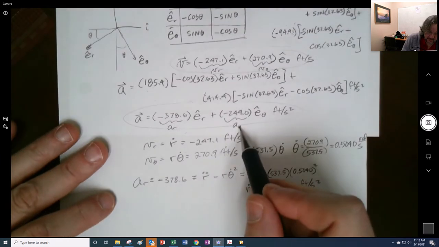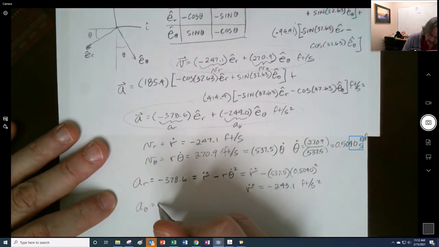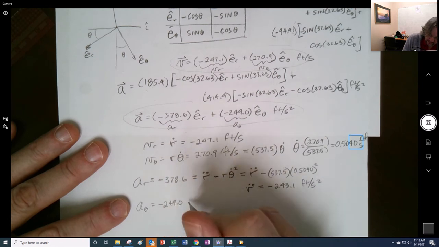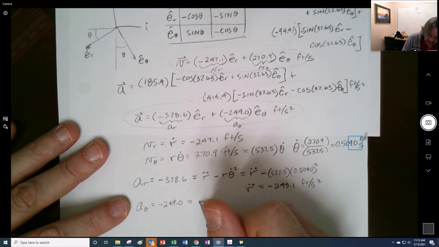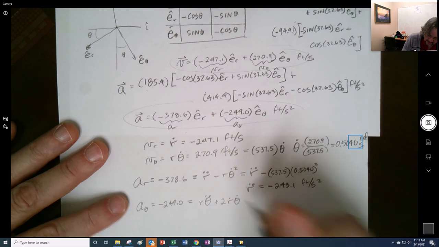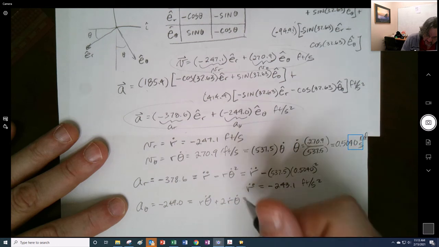And then lastly, we take this A theta, which we happen to know is negative 249.0, and that's going to be r theta double dot plus 2 r dot theta dot. Well, we know this r dot we just found, we know theta dot we just found.